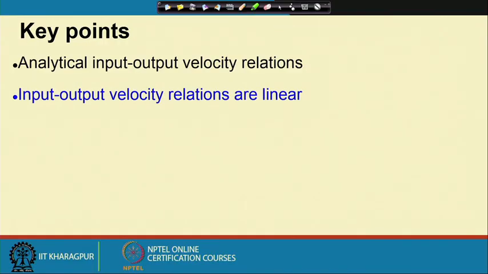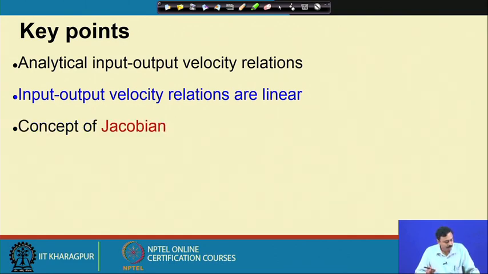So, we have looked at the input output velocity relations for the 3R 1p chain of type 2 and obtained these linear velocity relations between the angular rate and the rate of expansion of the prismatic actuator. We have introduced this concept of Jacobian.